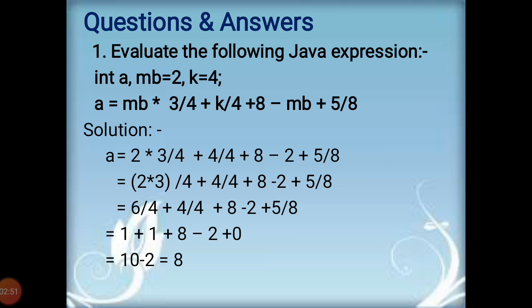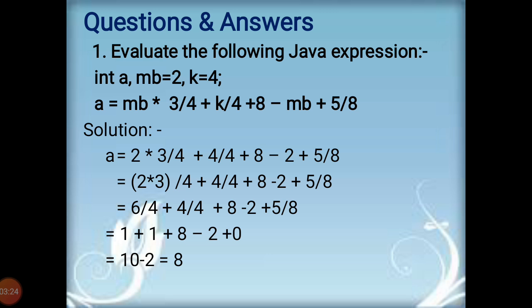Now question and answer. The first question is: evaluate the following Java expression. Here the variables a, mb and k are of type integer. The value of mb is 2 and the value of k is 4, and our expression is a = mb * 3 / 4 + k / 4 + 8 - mb + 5 / 8.